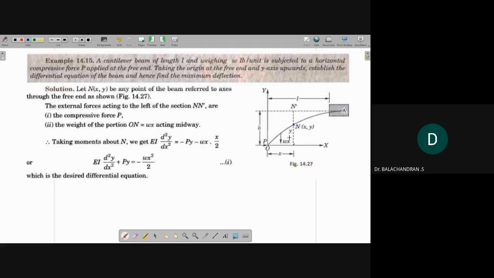Similarly, omega x is a force, and the perpendicular distance is x by 2. Why is it minus? To find whether it is positive or negative, you should know the thumb rule. So here I will draw the diagram quickly again. You should tell which one is the correct diagram for the compressive force and omega x, the weight of the portion.